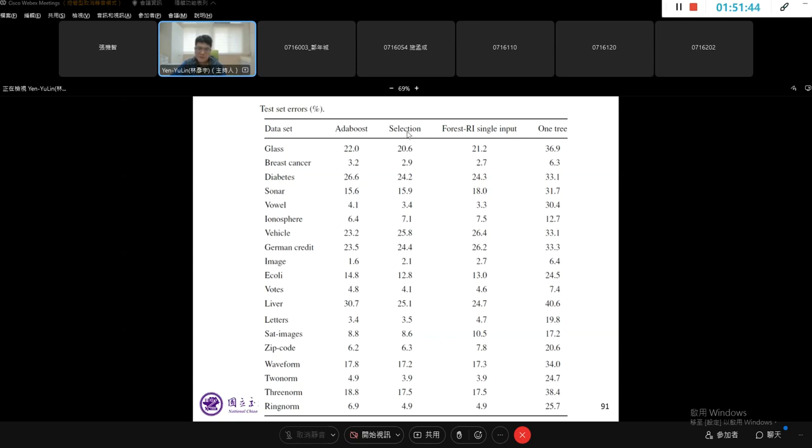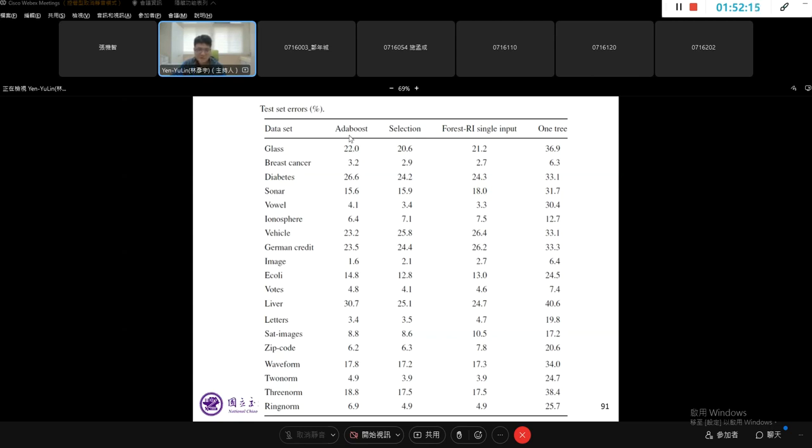Now let's compare selection variant and the forest RI variant. As you could see, our selection variant is a bit more complicated, and it uses out of bag validation strategy to choose a better value of m. So in most cases, the testing error can be further reduced.